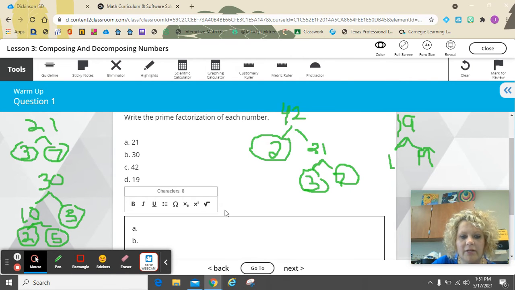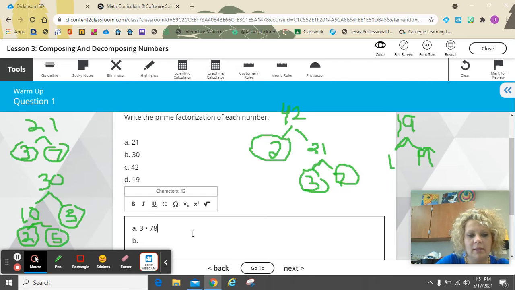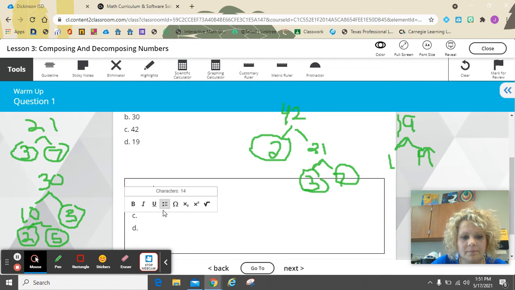So I'm going to go back to this so that I can type my answers in here, and you're going to do this too. You should have already done this, but you can check your answers and fix them if you need to. For 21, I have 3 times 7. So 3, and then remember we use this button right here, and I'm going to use the dot for multiplication, and then I have 7.